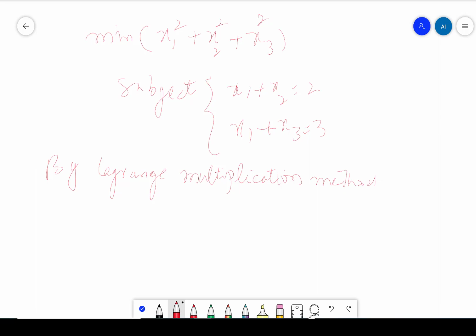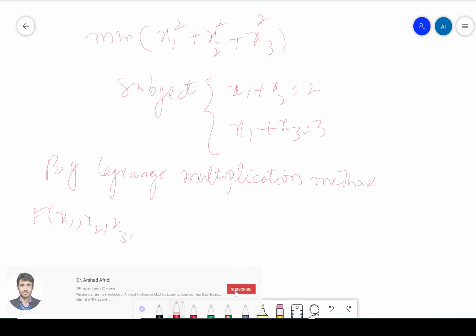So the equation will become f of x, and the parameters will be x1, x2, x3, and since there are two constraint equations, the Lagrange multipliers will be 2.